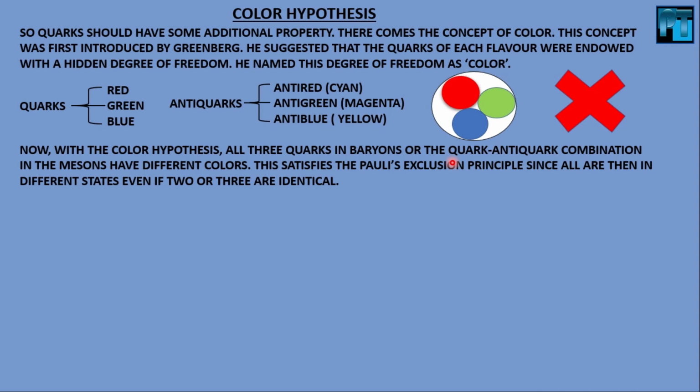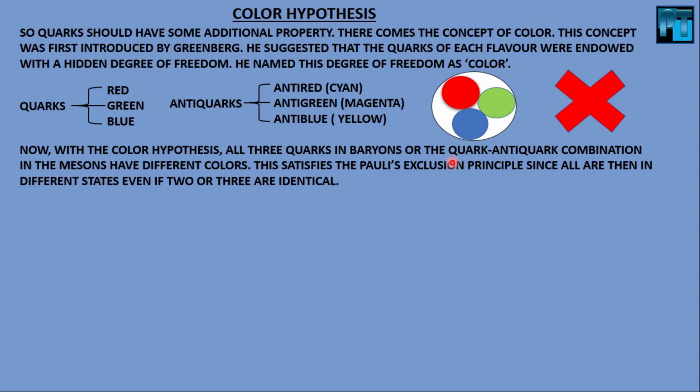No, God has not painted them like, oh, you are a red colored quark, oh, you are a green colored quark. Not like that. God hasn't done anything. It is us. We are solving a discrepancy in a theory, thereby introducing a new quantum property. This is a hidden quantum property.